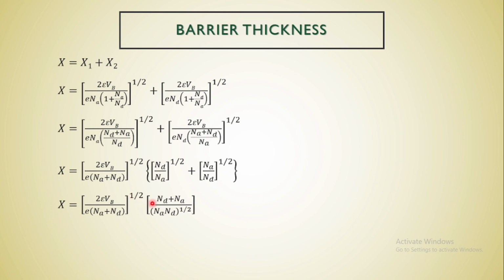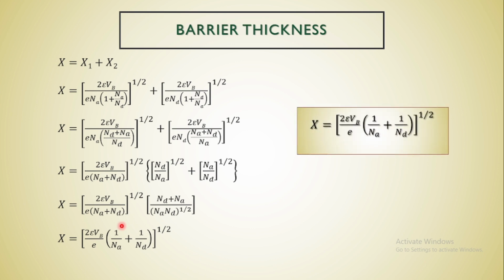So finally we are remaining with square root of Nd plus Na divided by NaNd, which can be written as square root of 1 by Na plus 1 by Nd. So if you simplify here, we can observe NaNd, and in the numerator Nd plus Na. The same thing we are observing here. And this is the equation for the barrier thickness.